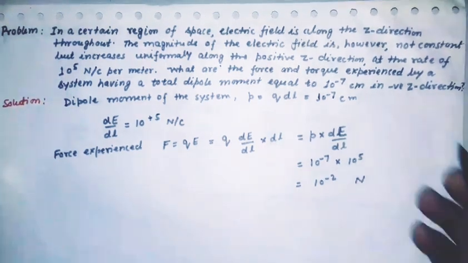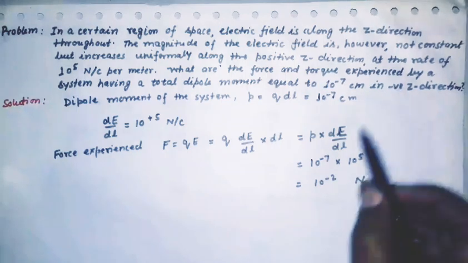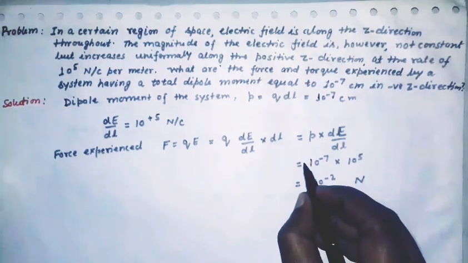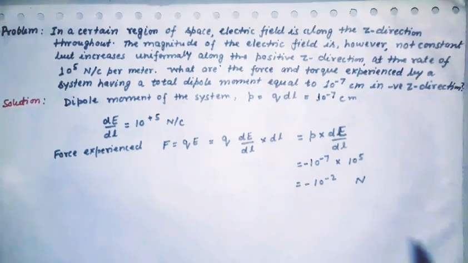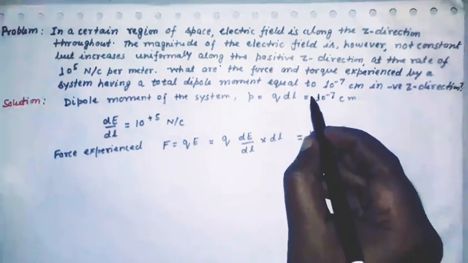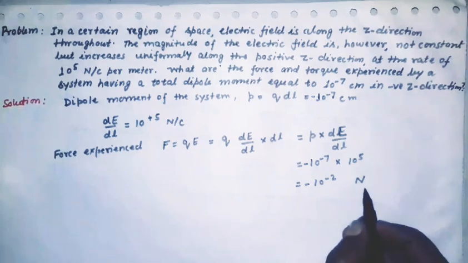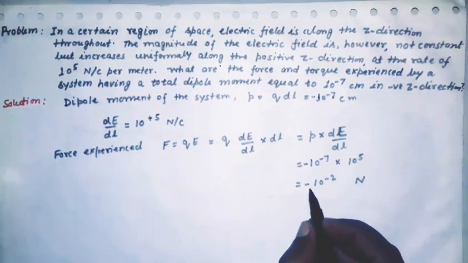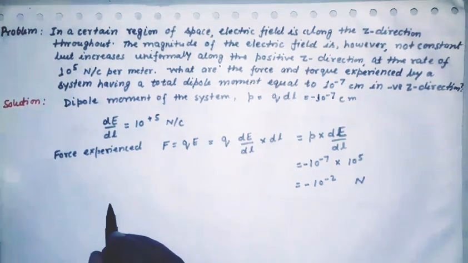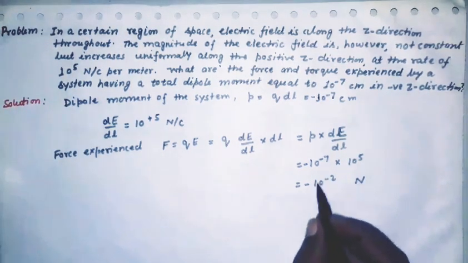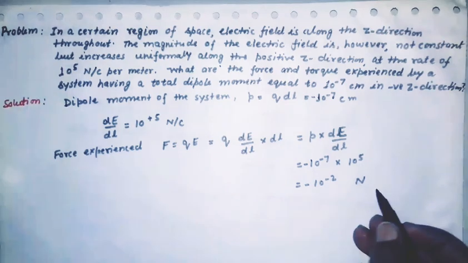Since this P is in negative z direction, there will be a negative sign. So this is 10 to the power minus 2 Newton in negative z direction.